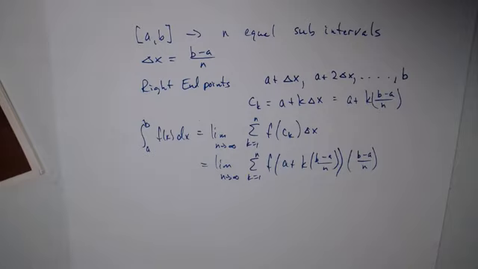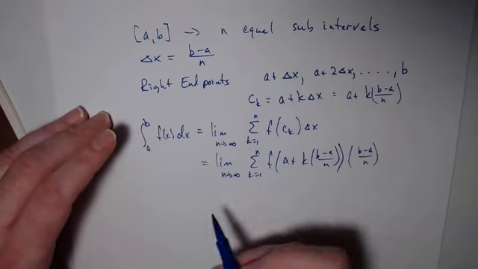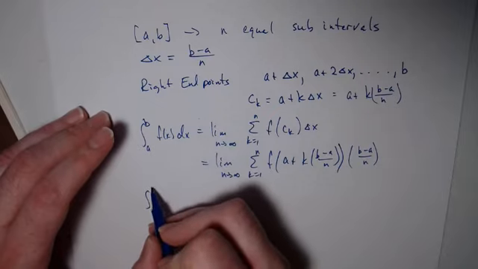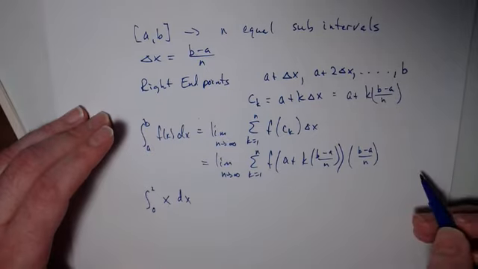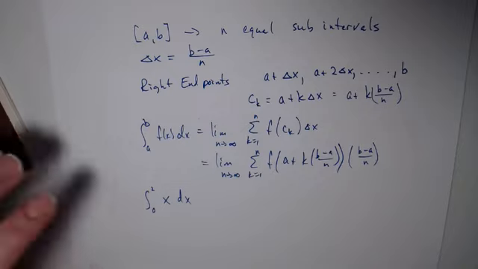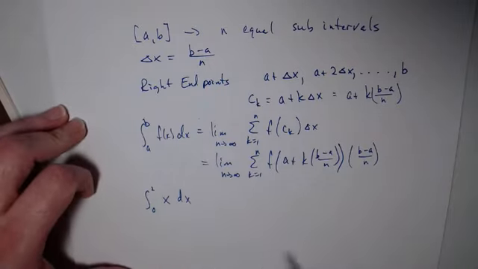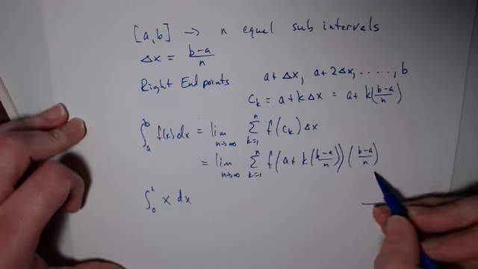So let's do a quick example here. I'm going to jump out of order from the book. I've been following along with the book, but I'm going to jump out of order here. So if I do the integral from 0 to 2 of x dx, let's draw this out here.